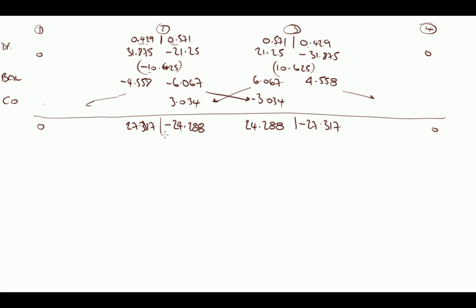So we're not yet in equilibrium because I've got 27.317 clockwise. I've only got minus 24.288, so I need a further balancing moment of minus 3.029. Okay, and similarly here I've got 24.288 clockwise. I've got minus 27.317 anti-clockwise, so I need a clockwise balancing moment, or a positive balancing moment, which is plus 3.029.